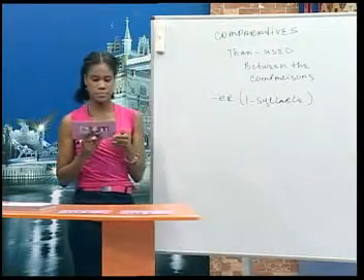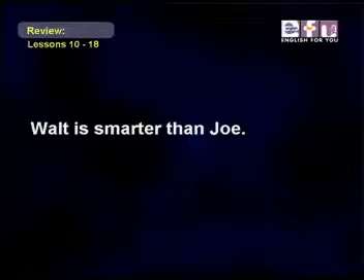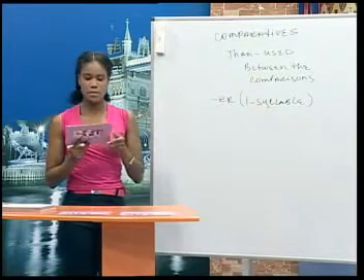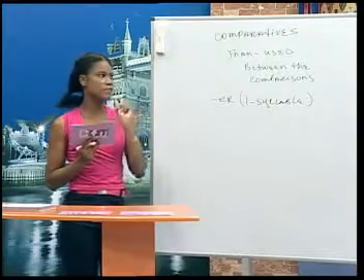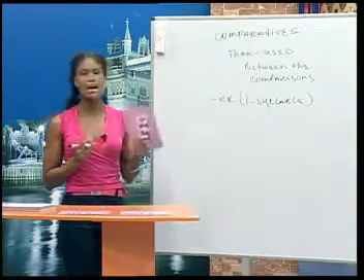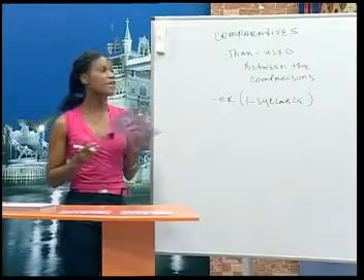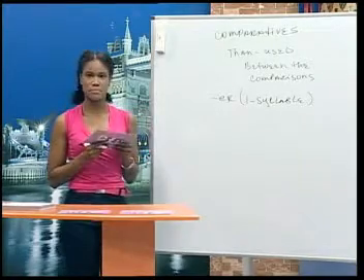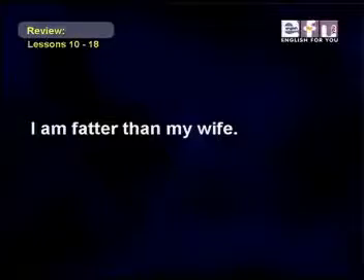For example, Walt is smarter than Joe. Now for some one-syllable adjectives, when it's a very short word that ends in a vowel and a consonant, the final consonant is doubled. For example, I am fatter than my wife.